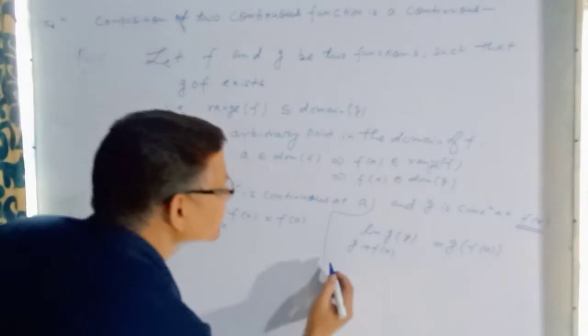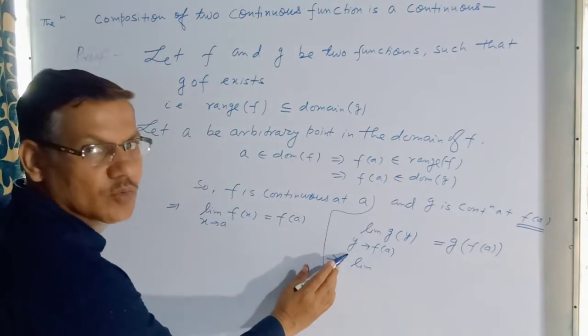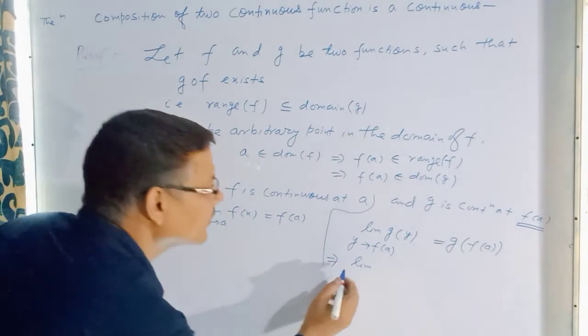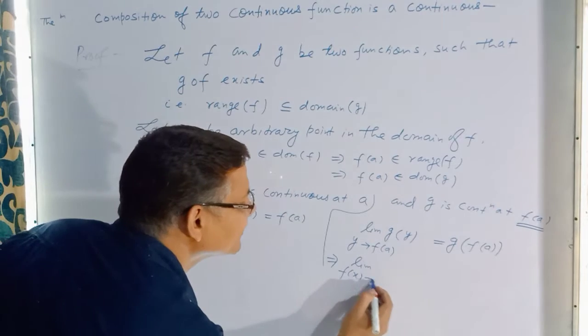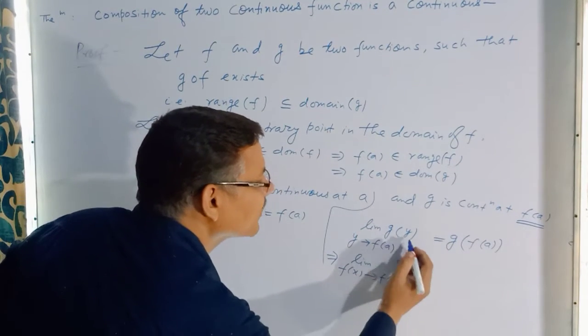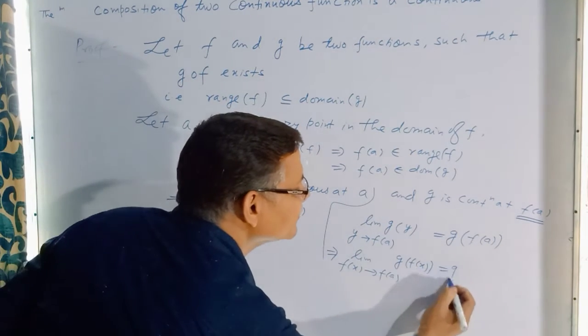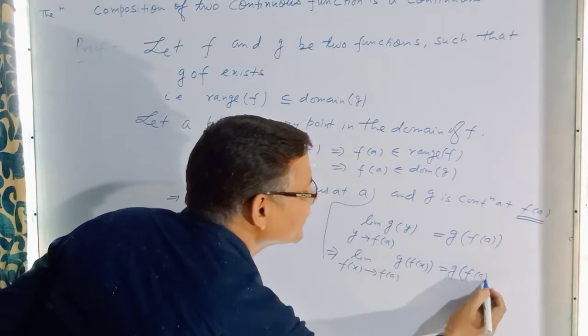So what is y? y is equal to f(x). So we put here f(x) tends to f(a), then g(f(x)) is equal to g(f(a)).